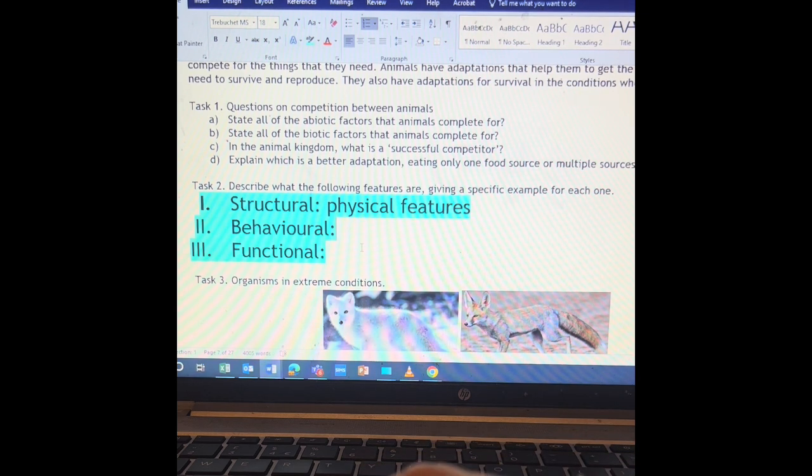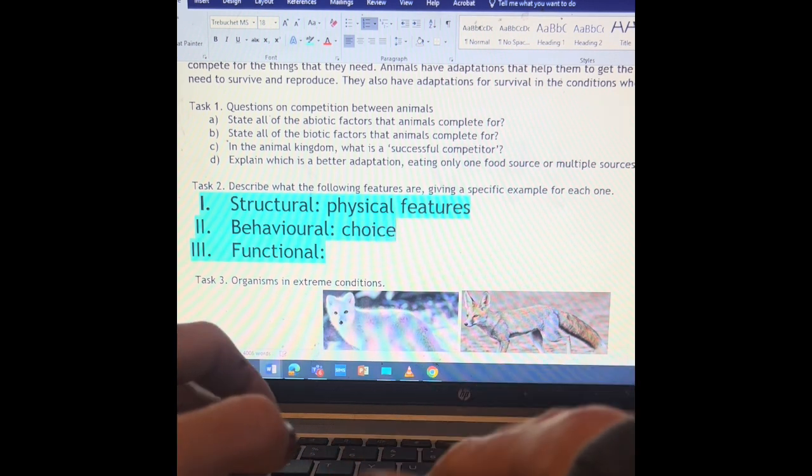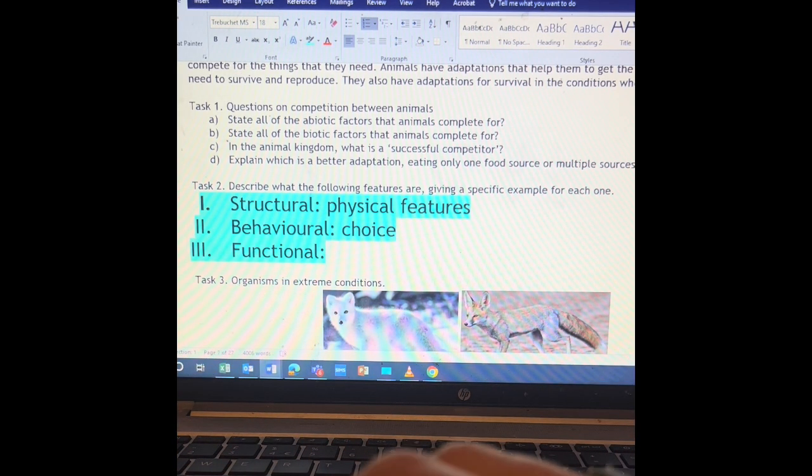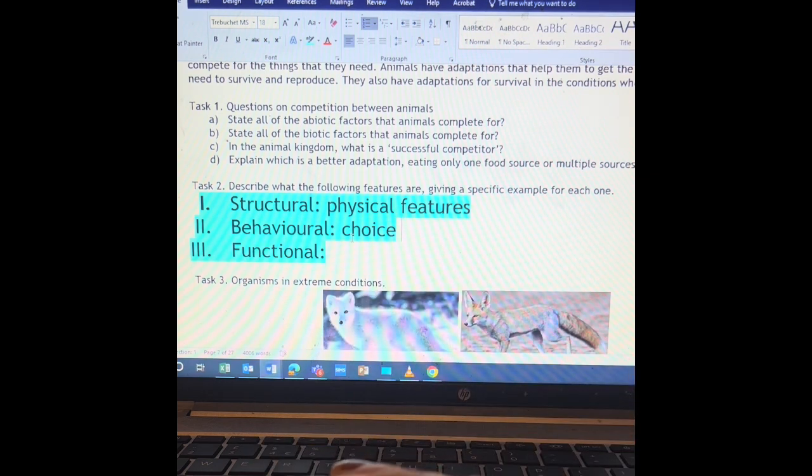Behavioural adaptations are something that organisms choose to do. By that, you've got animals in the desert that make a choice in behaviour, you see what I'm saying. So that could be staying underground when it's sunny outside. In the desert, in the heat of the day, organisms go underground to shade.